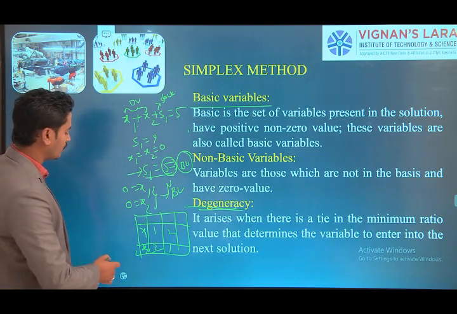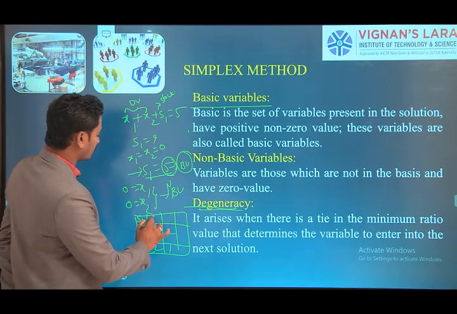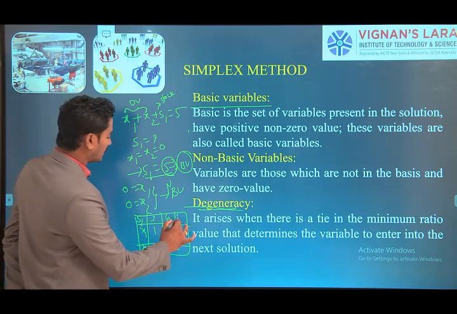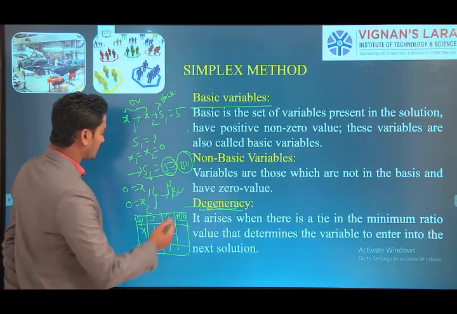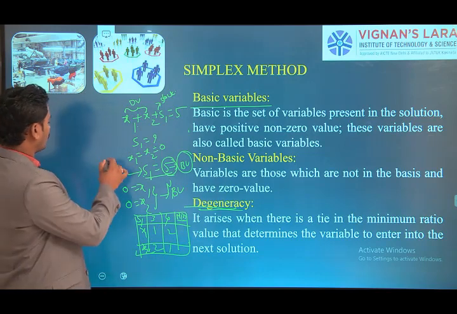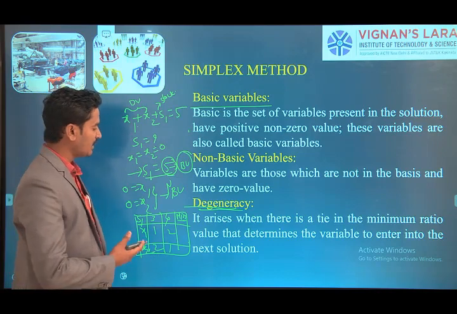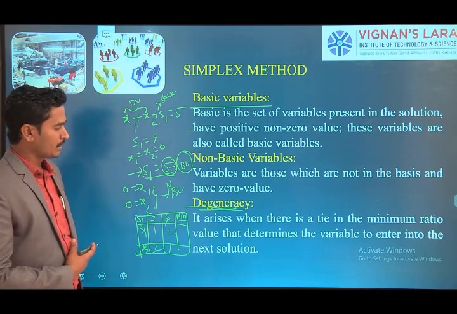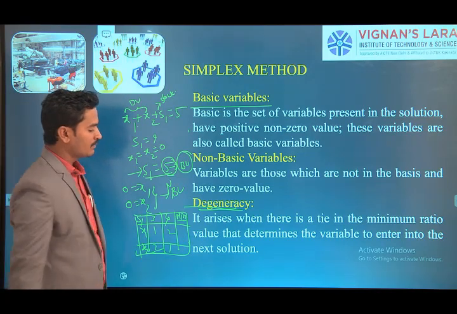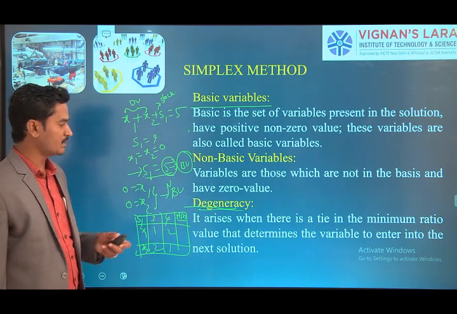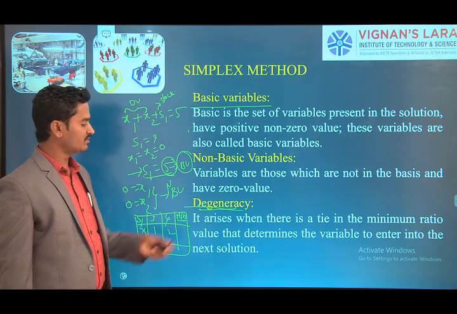We have another slack variable also. From this we find the optimal solution by calculating the minimum ratio, using the basic variables and their contributions. When we obtain a tie in this minimum ratio, that is called the degeneracy problem.